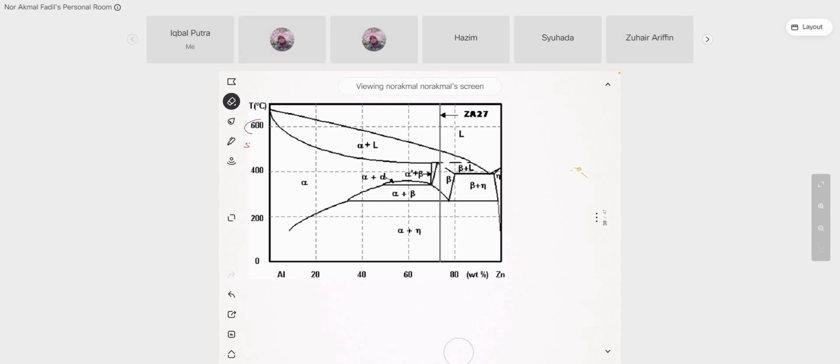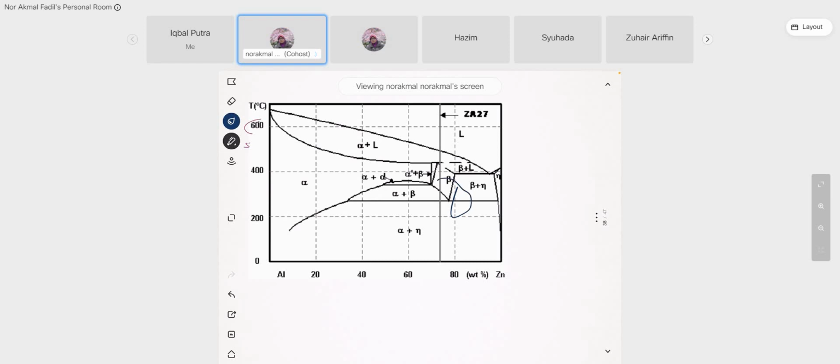Explain the isothermal reaction. Based on this phase diagram, you can explain, you can highlight where is the region for the isothermal reaction. For example, you have eutectoid reaction.